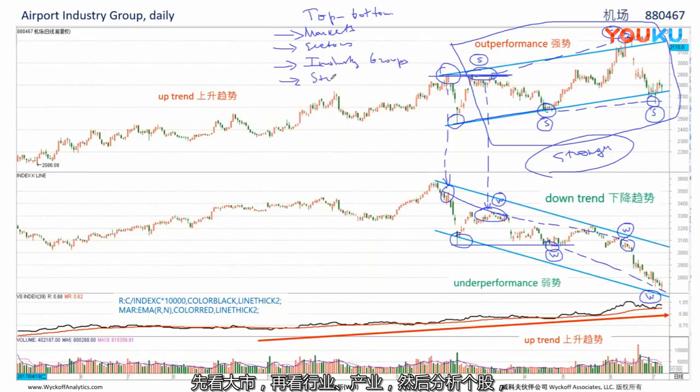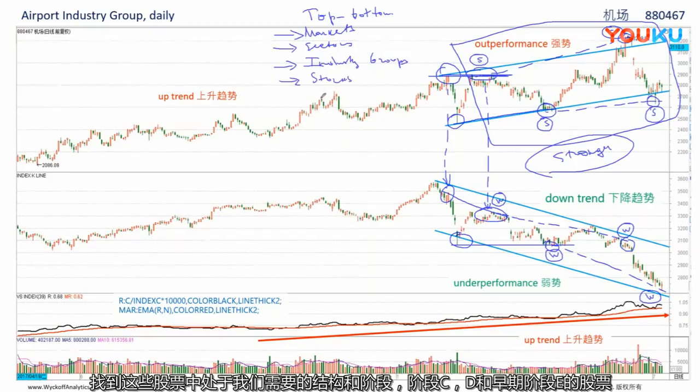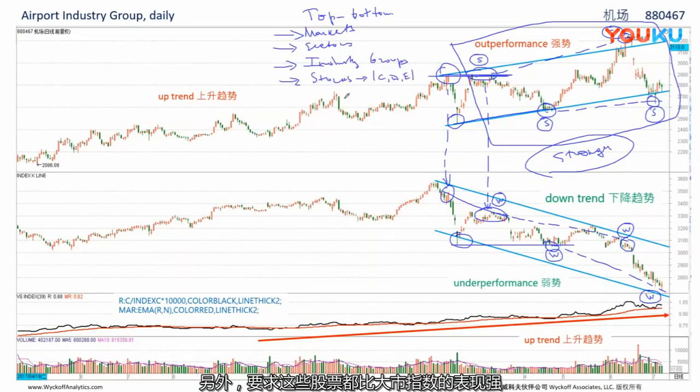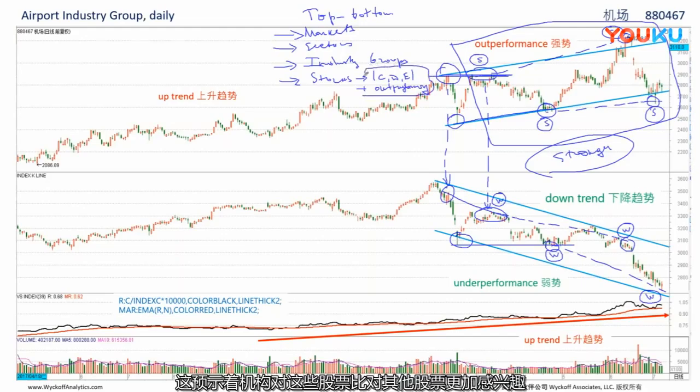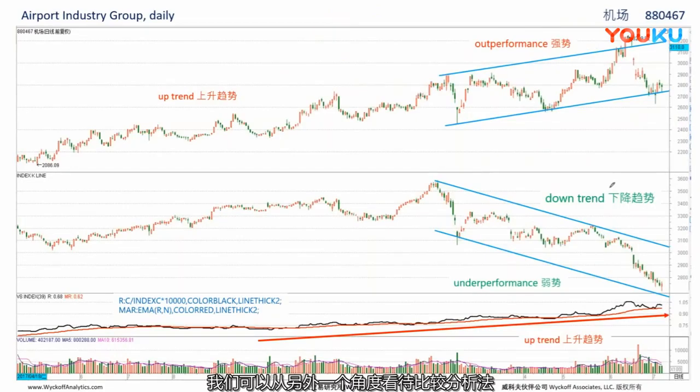And after that, we need to go to the stocks level and find the stocks that are in the correct structural place, meaning that we are in phases C, D, or early E, and that are outperforming the market, meaning that the institutions are interested in this particular stock more than they are interested in all other stocks in the market.